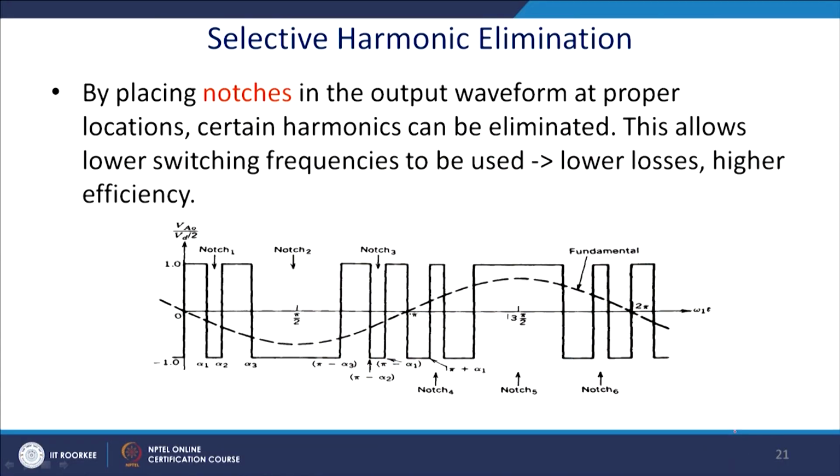So, how do we do that? By placing a notch in the output waveform at a proper location, certain harmonics can be eliminated. It is just like playing a guitar: you touch some point, it forms a node, then that particular harmonic will be eliminated, and its multiples.